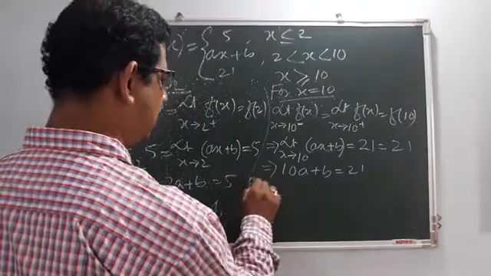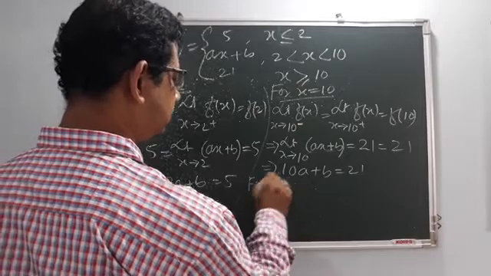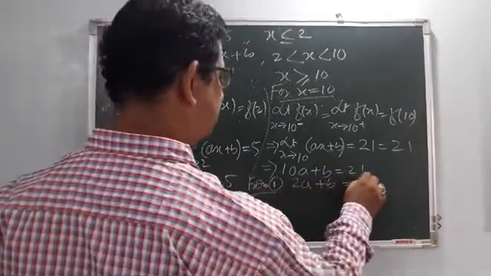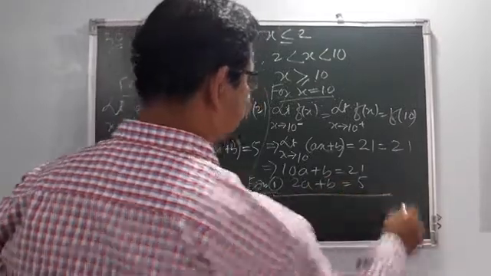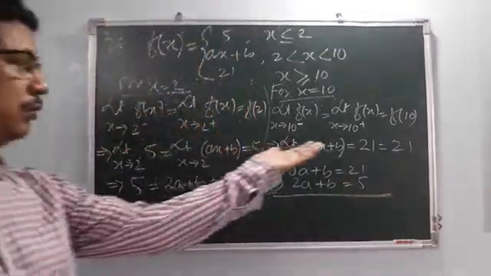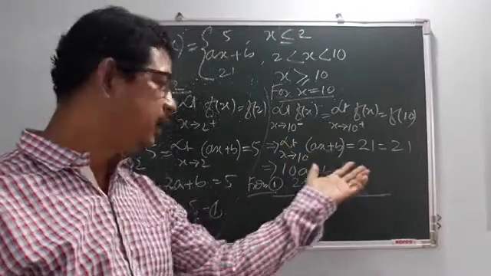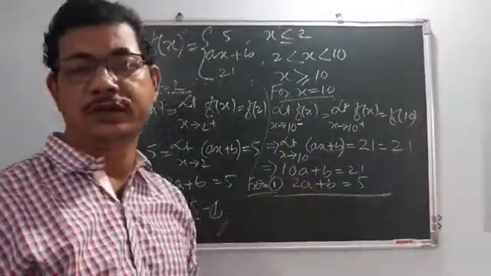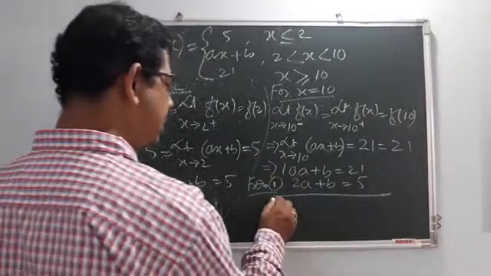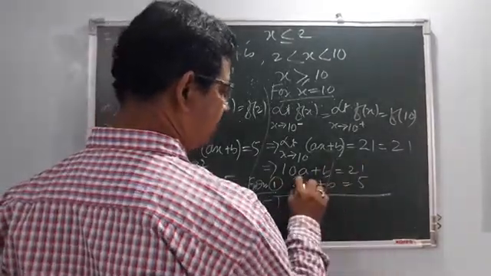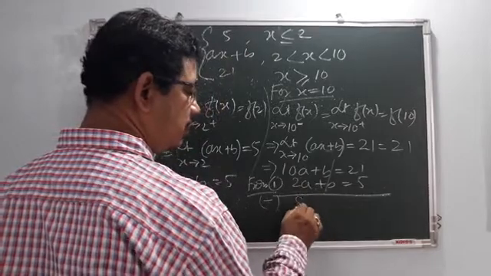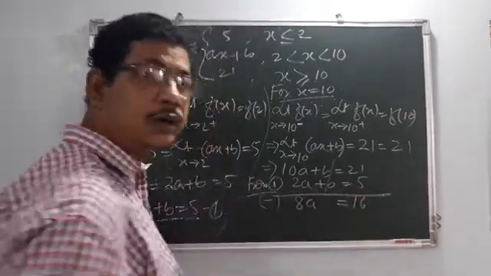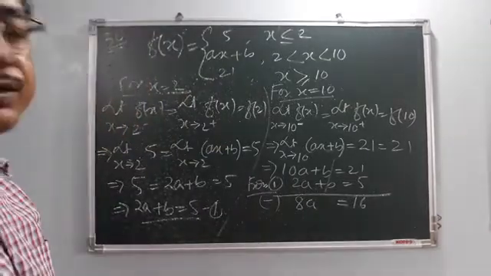So from 1, 2a plus b is equal to 5. We got this relation between a and b, and we have written the other one just below this. Then if we subtract, b cancels, 10a minus 2a is 8a, and it is 16, since 21 minus 5 is 16.